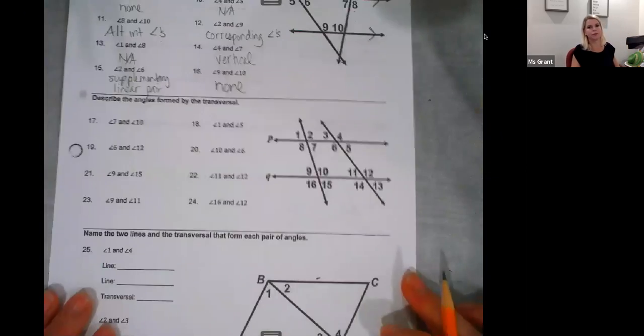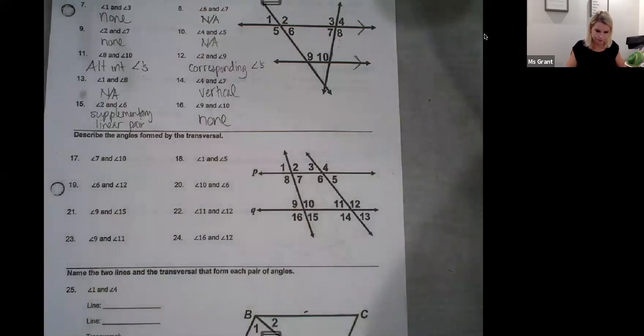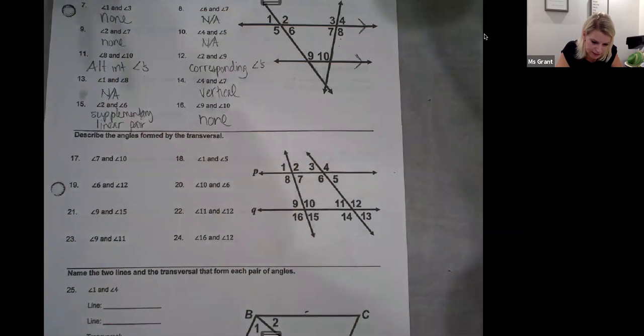Okay. Here we go. 17 through 24. I'm going to assign. That's going to be a lot easier for me. Adam, you are doing number 17. Simra, you are doing number 18. Samantha, you're doing 19. Reese, you're doing 20. Aisha, you're doing 21. William, you're doing 22.